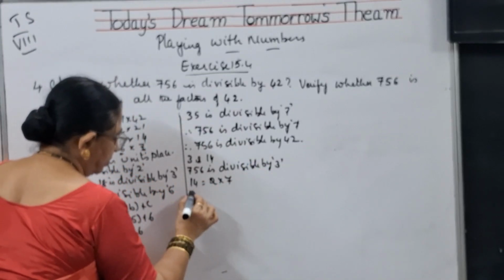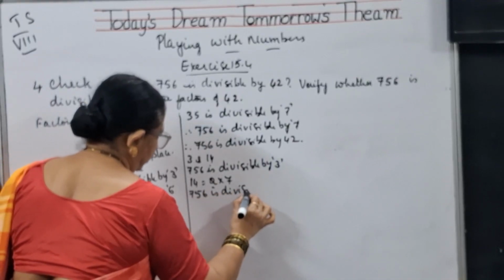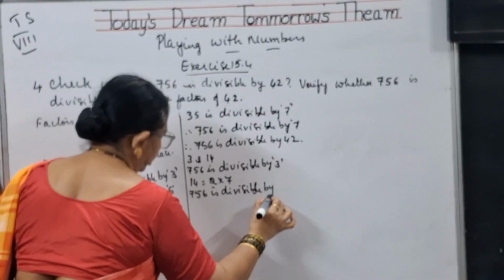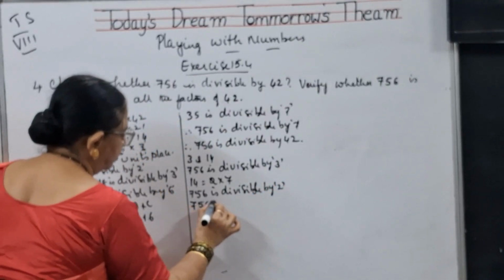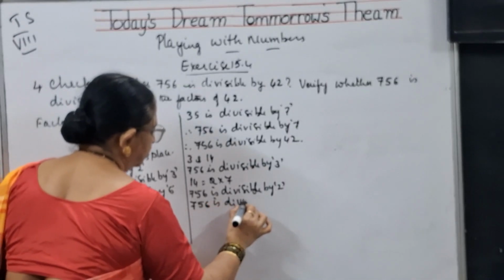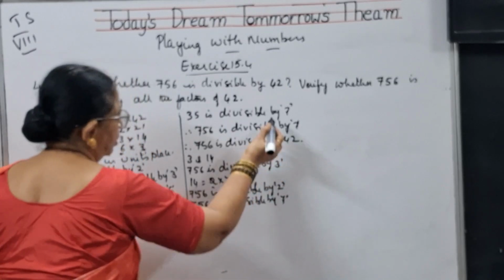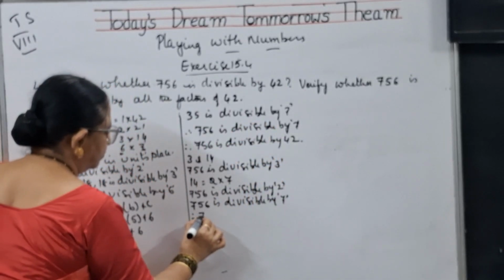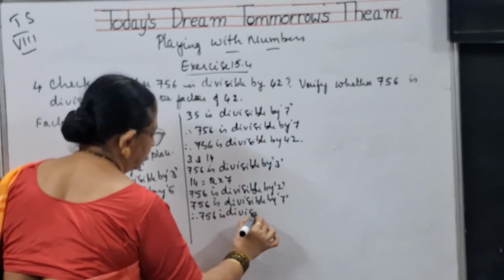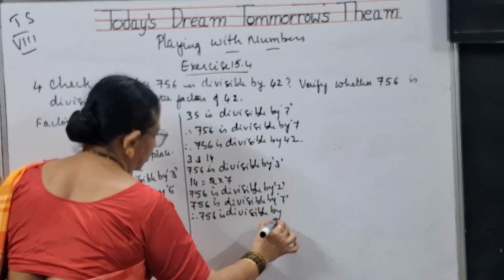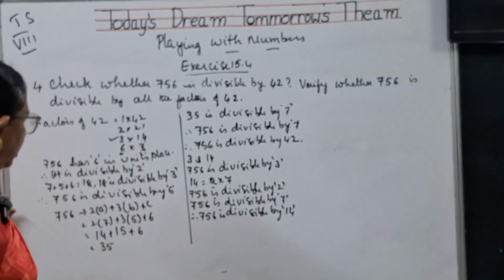And in that case, 756 is divisible by 2, which I have done here. And 756 is divisible by 7, which I have done here. Therefore, 756 is divisible by 14. So, these two, 3 and 14, I have proved.